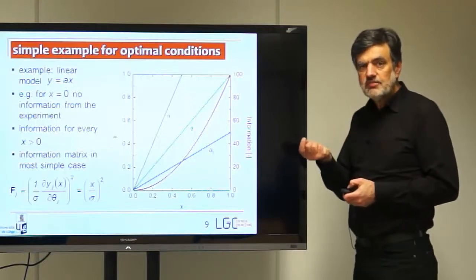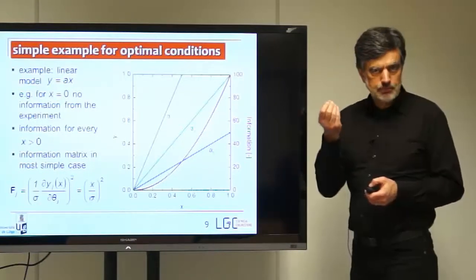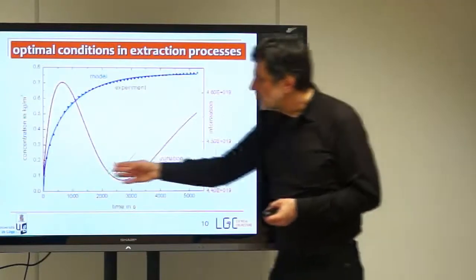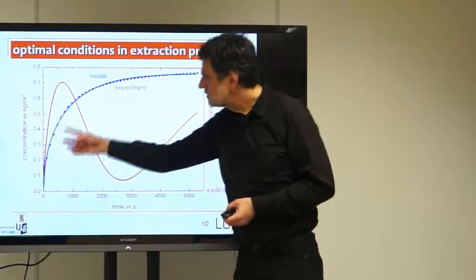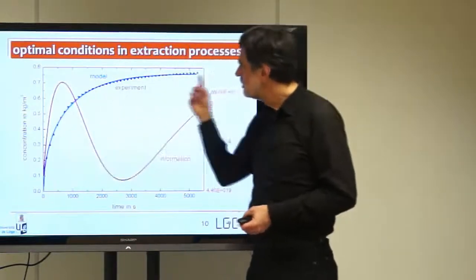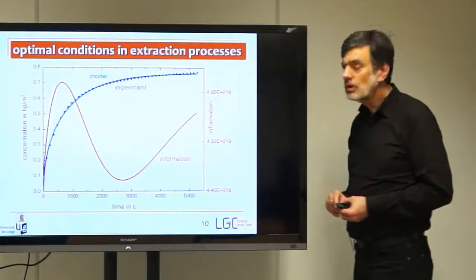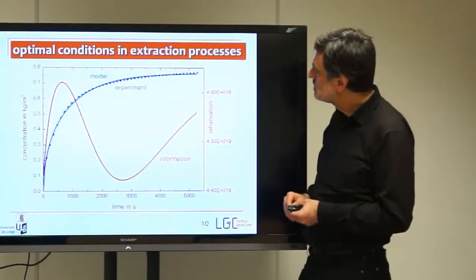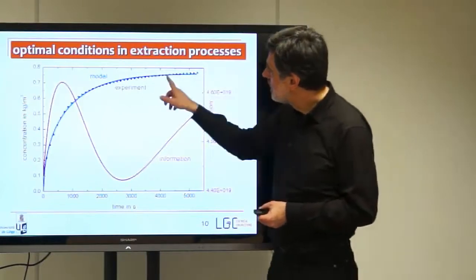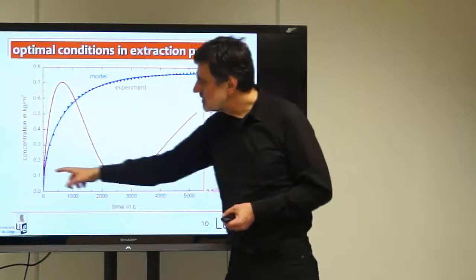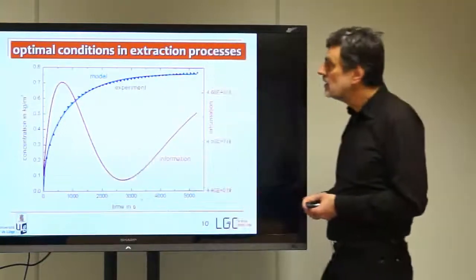If you now perform this for our photo extraction process and model that with a model which is shown here, you see the concentration, some experimental data points, and you see the model that runs through that, this blue curve. It's a simple diffusion model. You see it fits more or less. You see certain deviations here in the end. Here there's one region which is very well described, another region which is very well described, and the zero is of course proper as well.